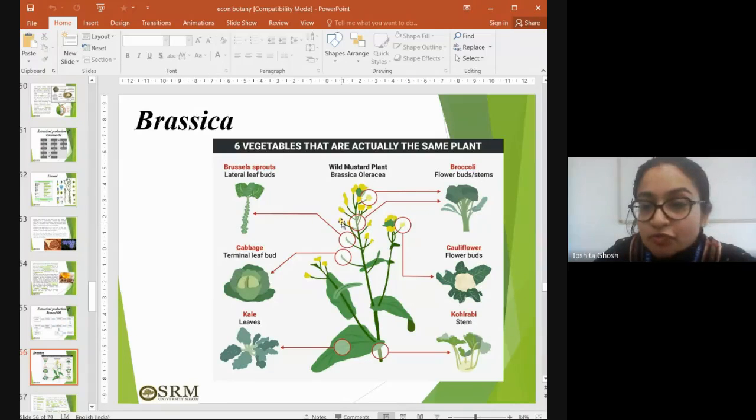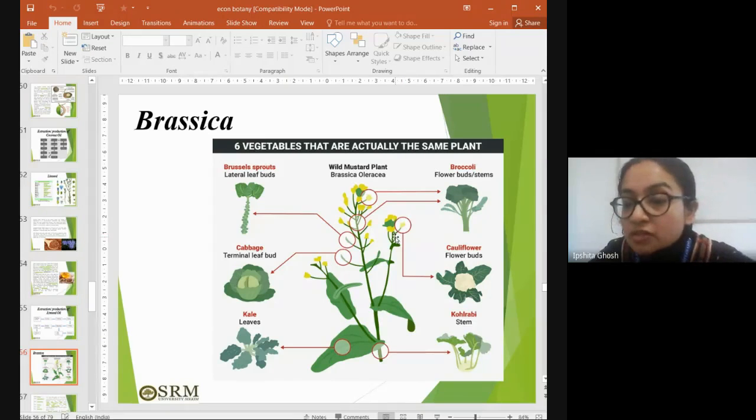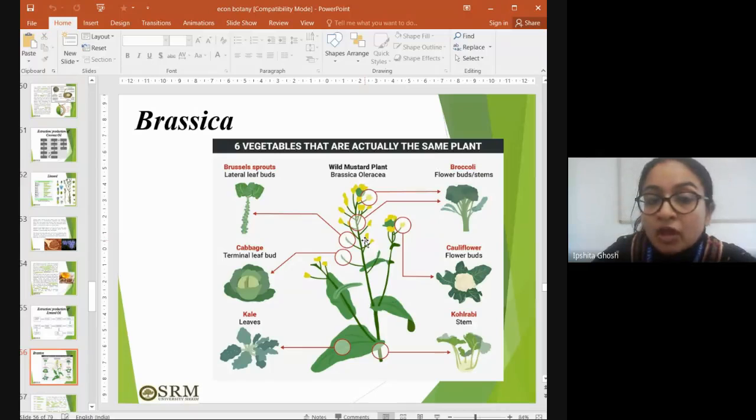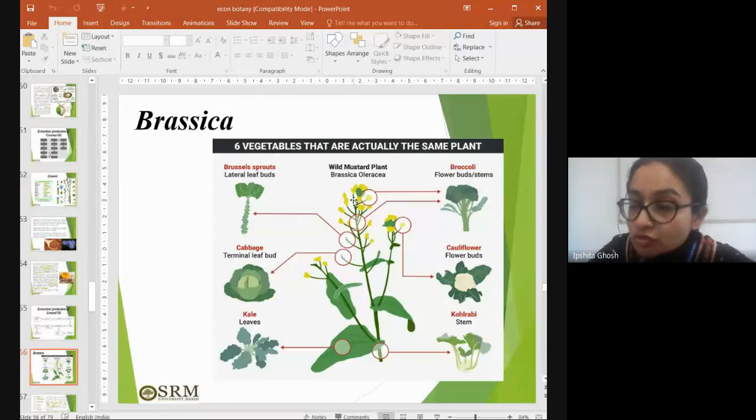This is a fact, and it is for your general knowledge as well. Basically, Brassica is the mustard family. You must know about the mustard oil that we use. When we talk about the mustard plant, we mainly focus on Brassica oleracea, which is the most common species used for extraction of mustard oil.